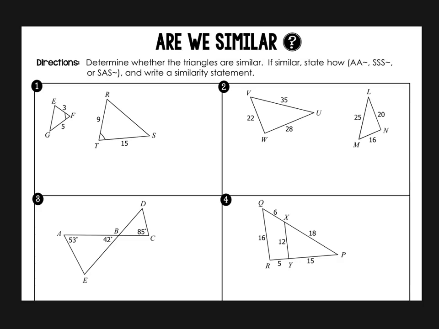As you move on to the mixed practice, now you have to decide, is it angle-angle similarity, side-side-side similarity, or side-angle-side similarity on your own. So now this is all mixed practice, and you're going to go from 1 all the way to 18 on your own. I'll just guide you on a couple of random ones.